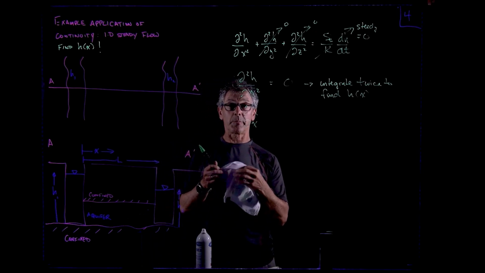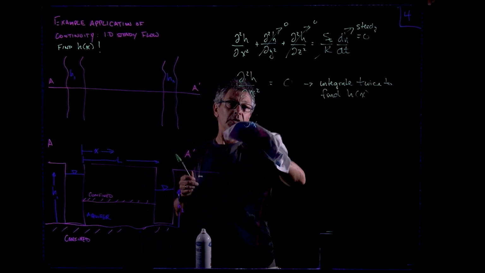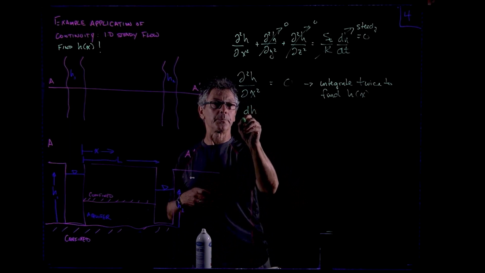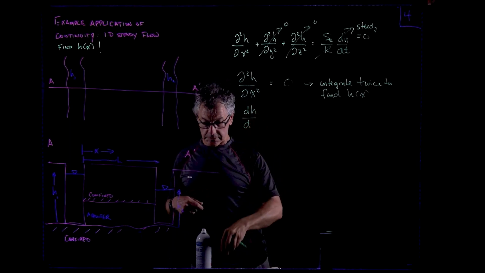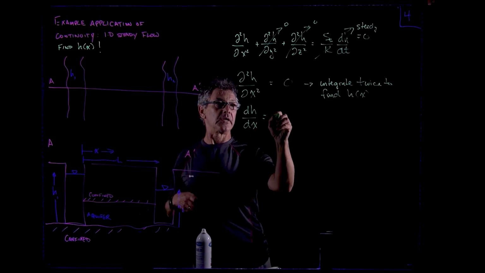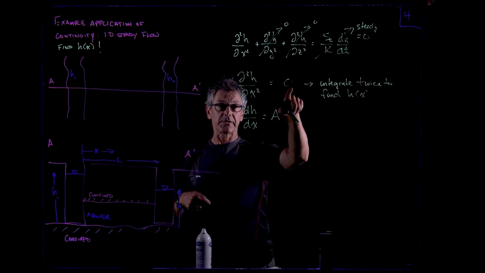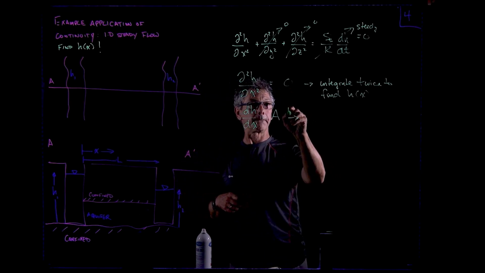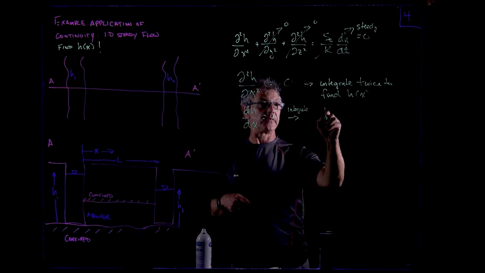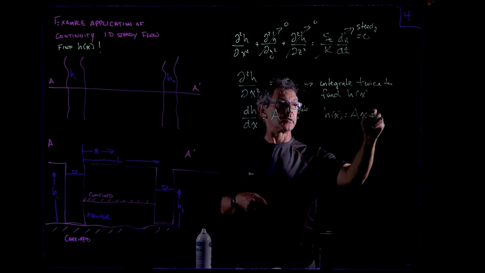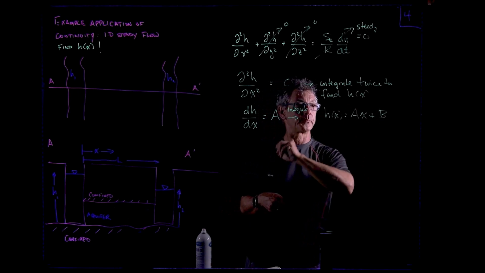Actually, now we can get rid of the partial because we're only working with one variable. So no need to use the partial. So we integrate once, and we have a constant on this side. And then we integrate again, and we have h as a function of x is equal to ax plus b.